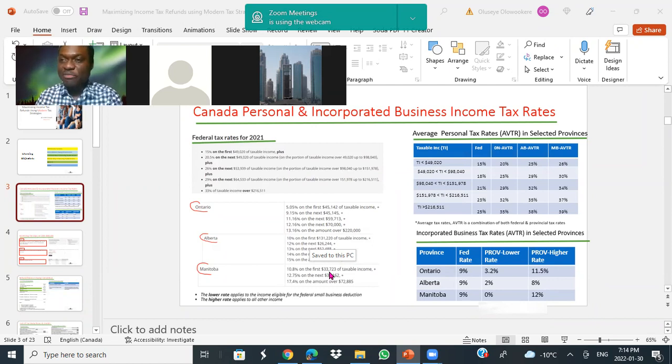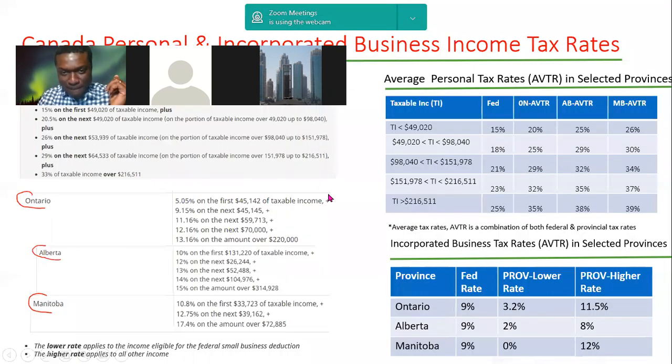Because the way the tax structure is designed is that the net profit from the sole proprietor is added to your salaried income, your personal income. And that is how we derive the taxable income on your personal income taxes. I believe that is clear.